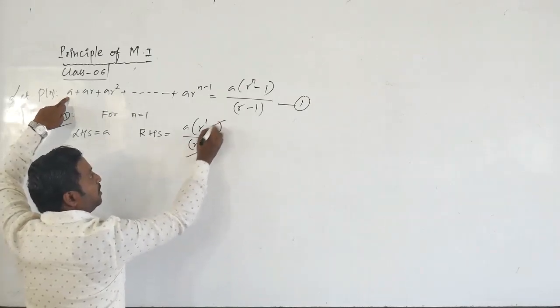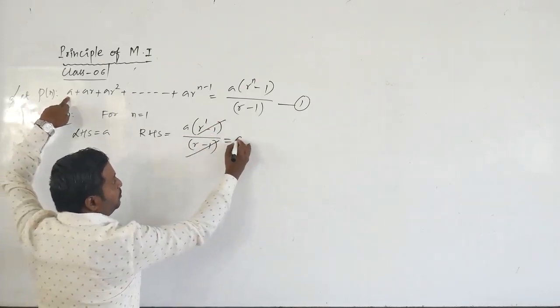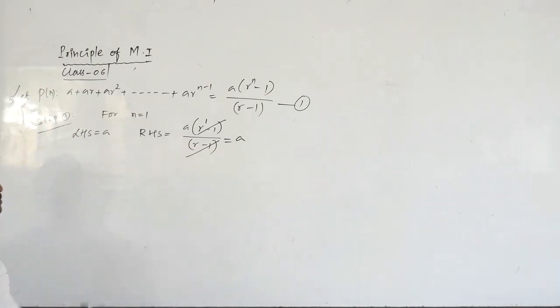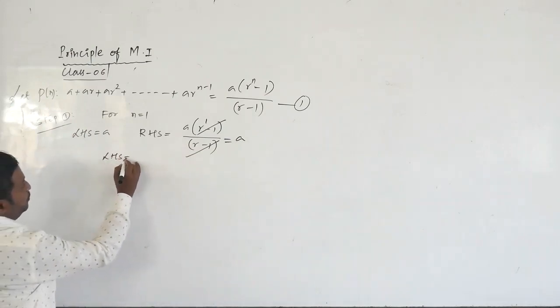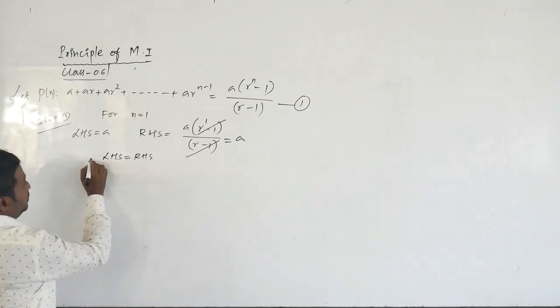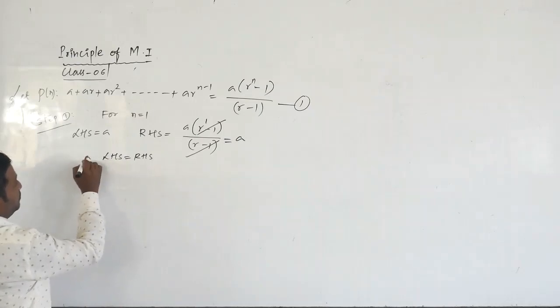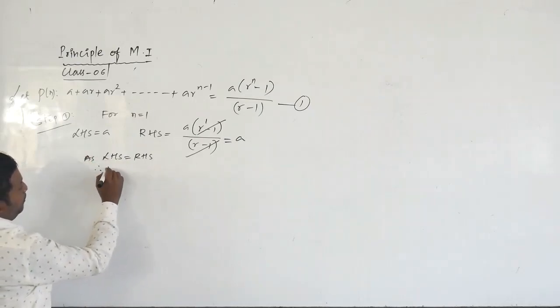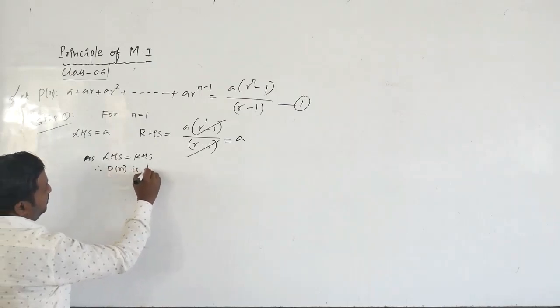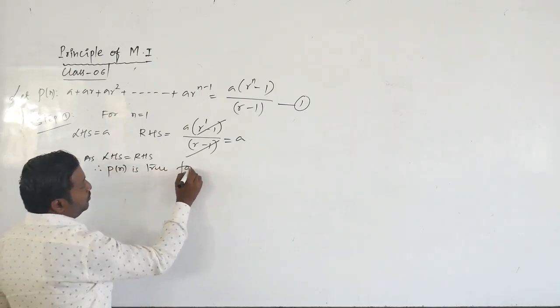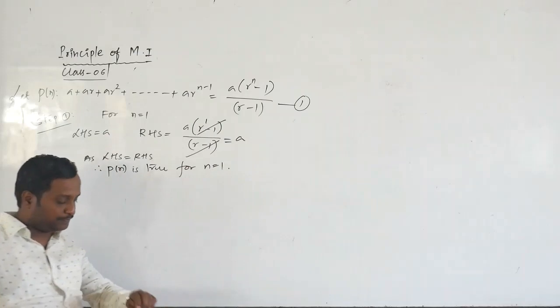So R minus 1 cancels, and what remains is A. So LHS is equal to RHS. Therefore P of n is true for n equal to 1.